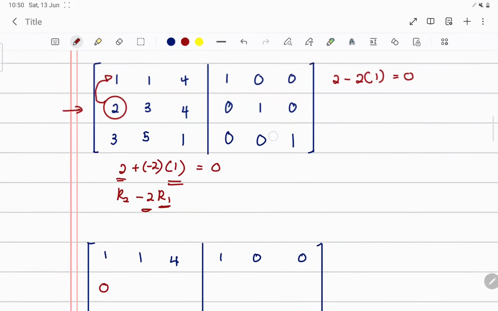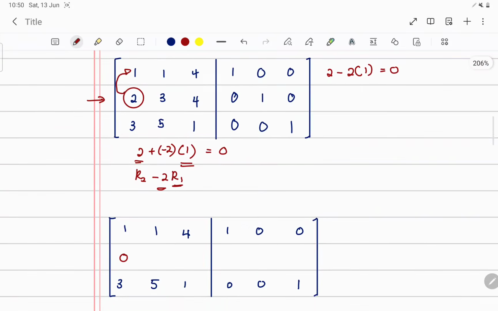Now you go to the next one. You have 3. Then here you put 3 minus with 2, the constant, multiply with R1, you go on top, multiply with 1. So you're going to get equal to 1. Then you put here 1.